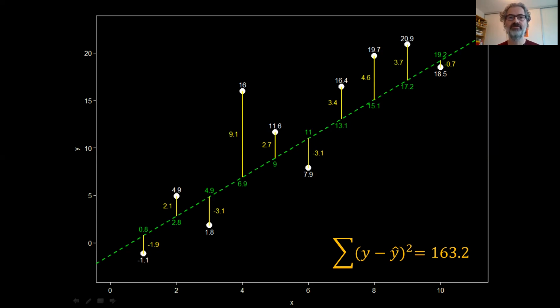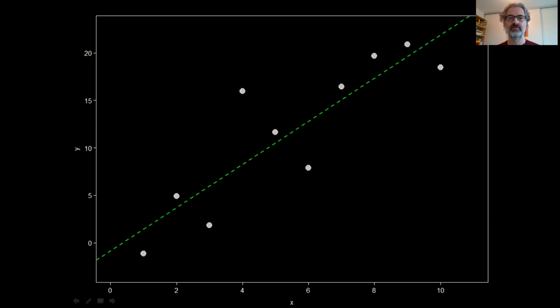In practice, there are formulas that we can use to calculate the optimal line very quickly without having to try a large number of different potential candidates. So as it turns out, this is the best line for predicting these y values from these x values.